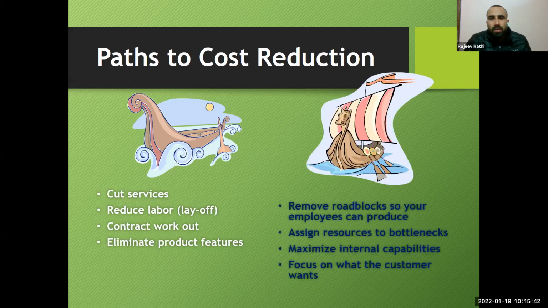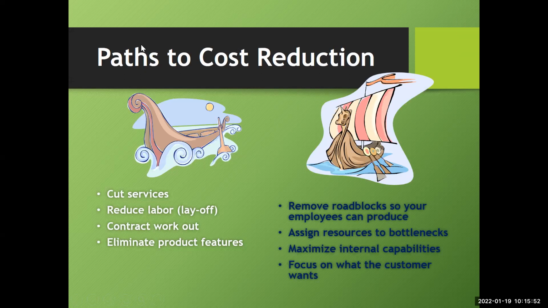What is the long-term solution to sustain? That is removing the roadblocks so your employees are able to produce, assigning the resources to the bottlenecks, making maximum use of your capabilities and planning the capacity accordingly. And finally, comply with what exactly the customer wants, and produce that.